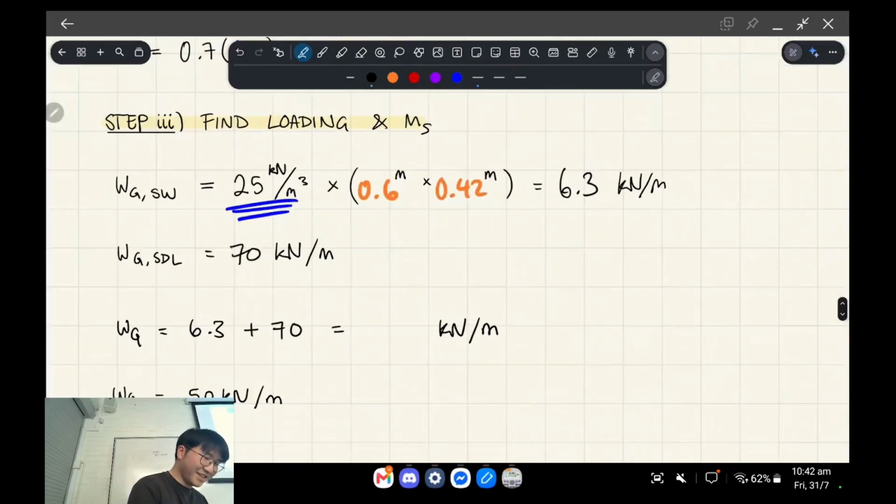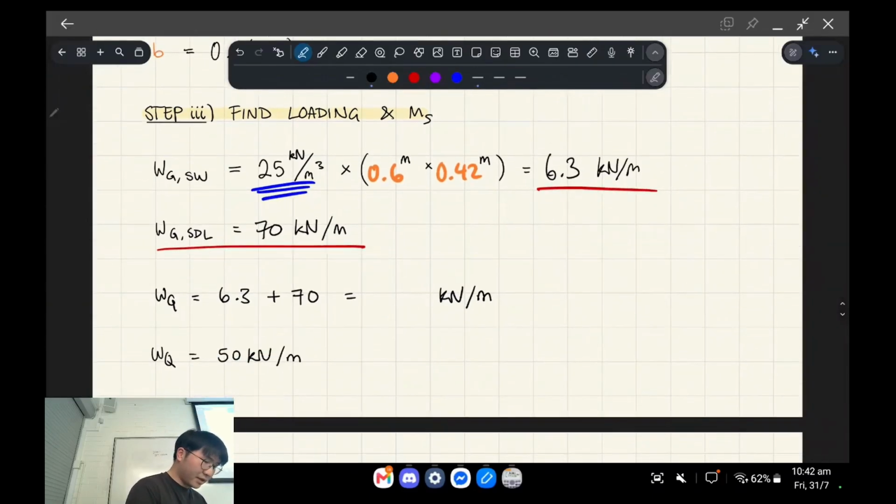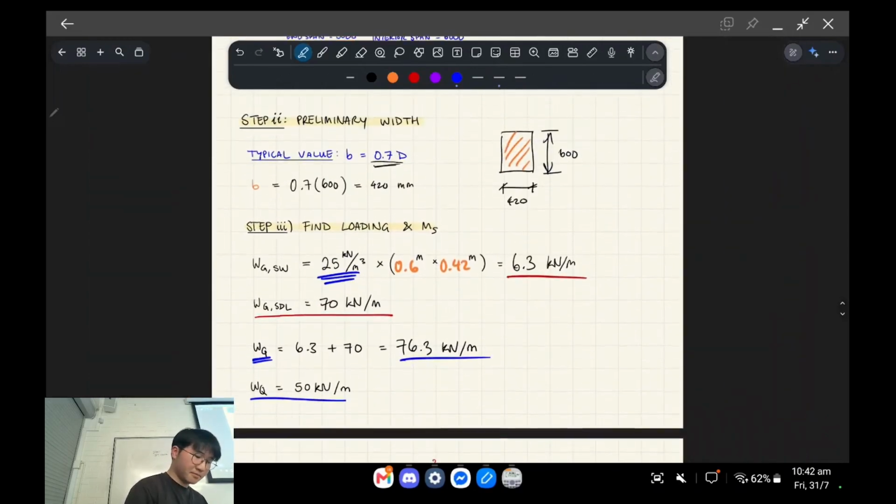You can see that this number, which is a superimposed dead load, is so much higher than the self-weight. It's crazy, the number that they selected anyway. So you can now find the linear dead load and the linear live load, which was given. 73.6, not 76.